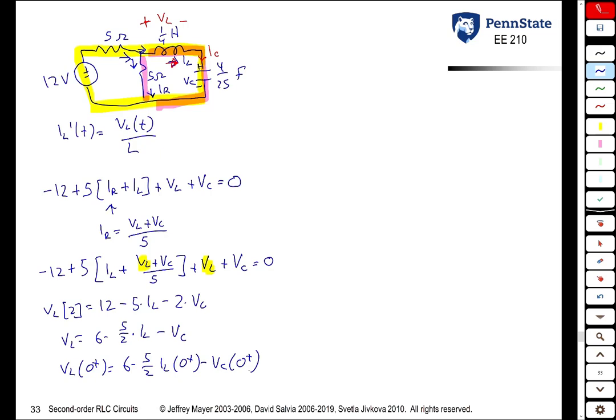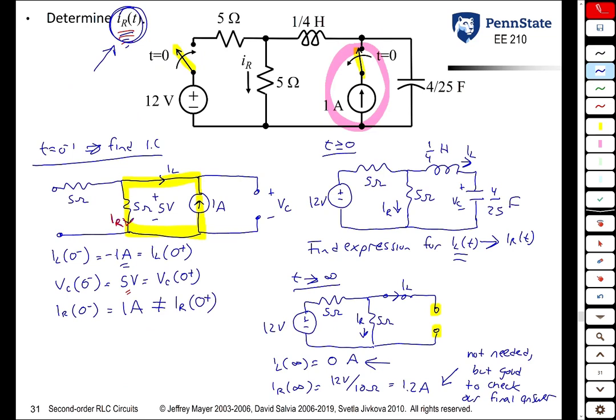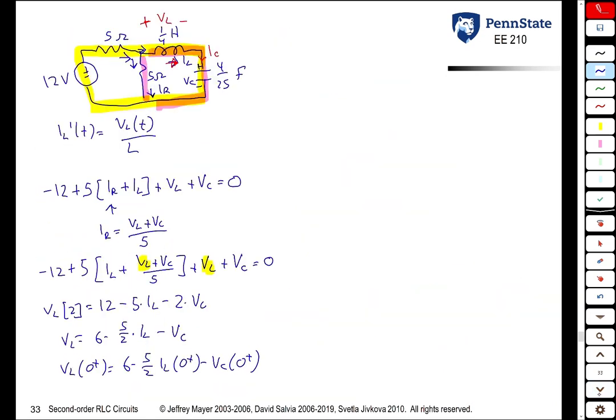But we know what IL of 0 plus is. It's minus 1 amp. We know what VC of 0 plus is. It's 5 volts. That's minus 1. That's plus 5. So we end up getting 7 halves of a volt.